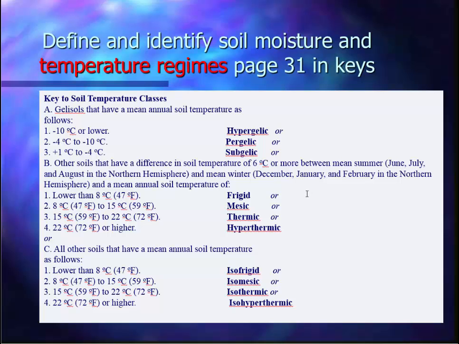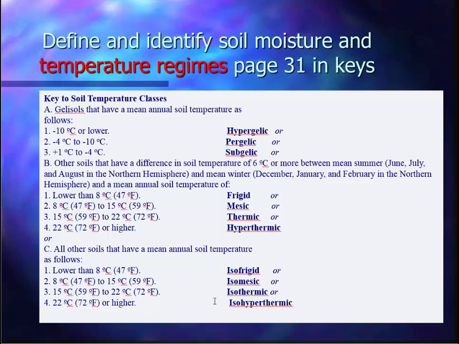We're going to talk about cryic momentarily. If the soil temperature at the control section is between 8 and 15, it would be mesic. Between 15 and 22, thermic, and greater than 22 degrees C would be hyperthermic.